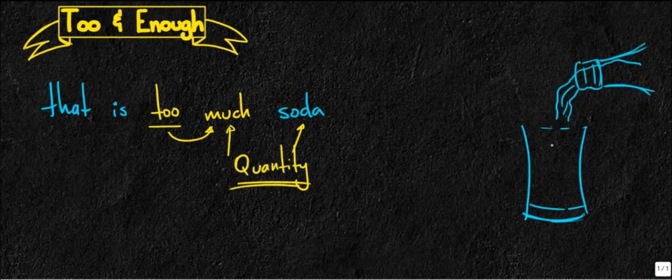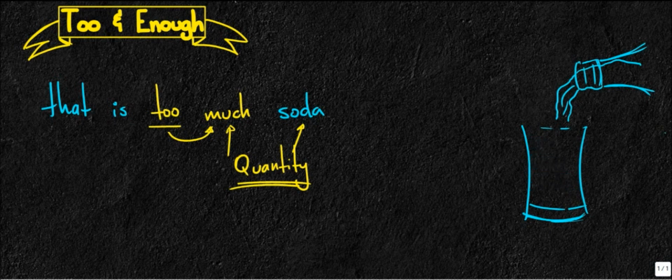Now, as I put soda in this cup, the level of soda is going to start going up and up and up and up again. And so there will be moments where the quantity of soda is so large that it is going to be a problem for me.